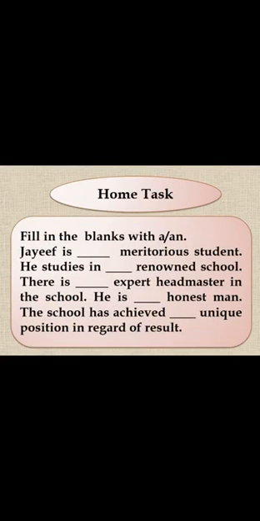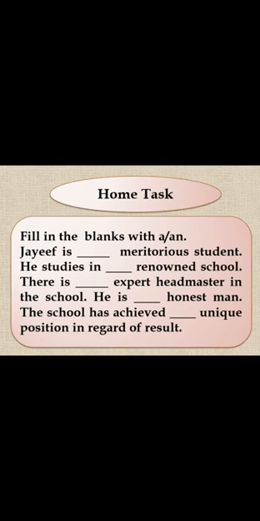So here is your home task. You pause the video and then match the answer with my answers. Jaif is dash meritorious student. Meritorious student. M is a consonant. That's why a. Jaif is a meritorious student. He studies in a renowned school. Here will be a, because R is a consonant.